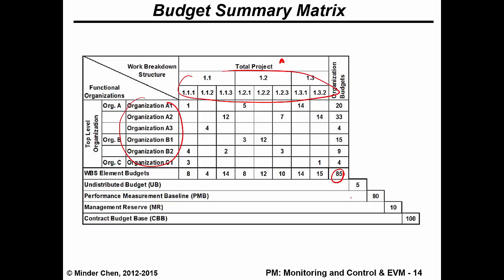If we add this, they call it undistributed budget. If we add the so-called contingency reserve, then we'll get the cost baseline. And if we add the management reserve, then we'll get the so-called cost budget or project budget. Okay, here in this diagram we use slightly different terms.